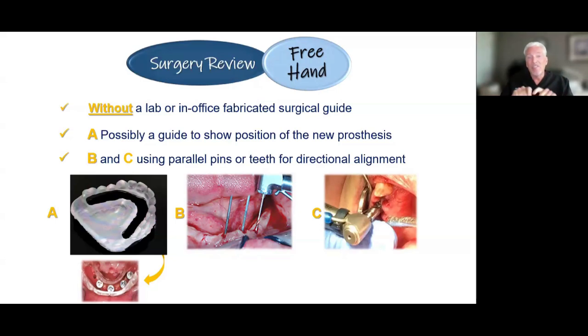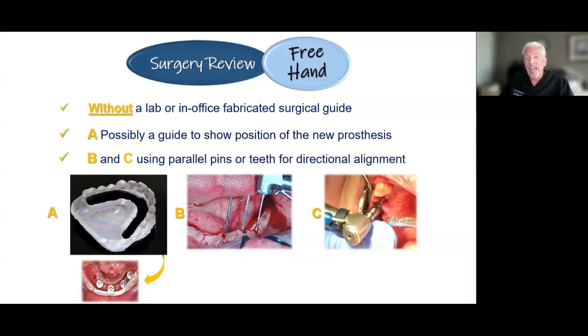That trough is a way of saying, doctor, if I was the laboratory making you this guide, here's a trough over the alveolar ridge. It's all you. You go wherever you want there, but know that what the patient is coming to you for is their smile. This is where we're going to put the teeth, so you have an idea where your angulation is, and things like that, to help you.